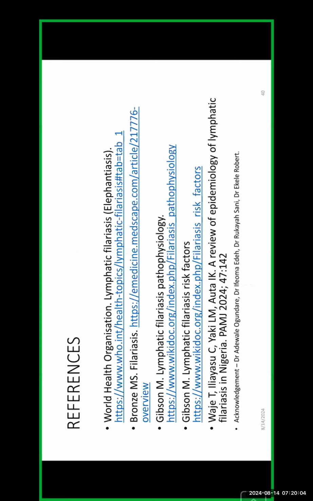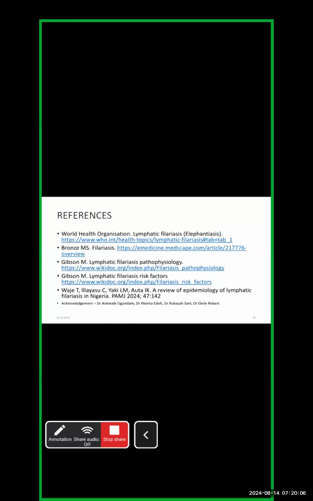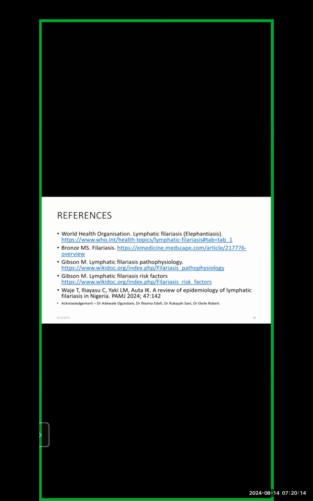So it indirectly inhibits interleukin-4, and that takes care of the inflammatory response that can occur in this patient.